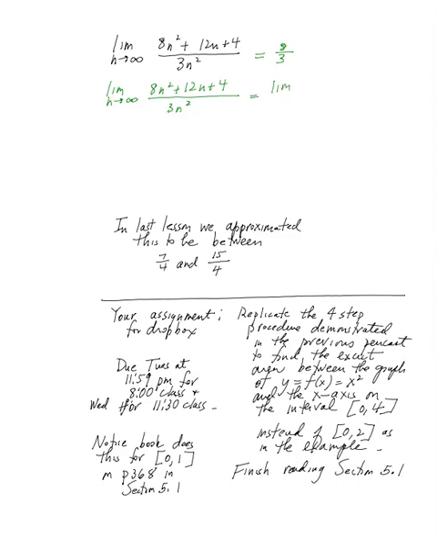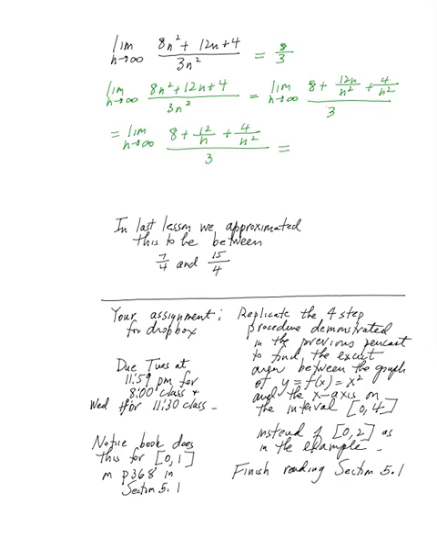So I would get the limit as n approaches infinity, 8n squared over n squared is just 8. 12n over n squared plus 4 over n squared over 3n squared over n squared is just 3. So I get 8 plus 12 over n plus 4 over n squared over 3.